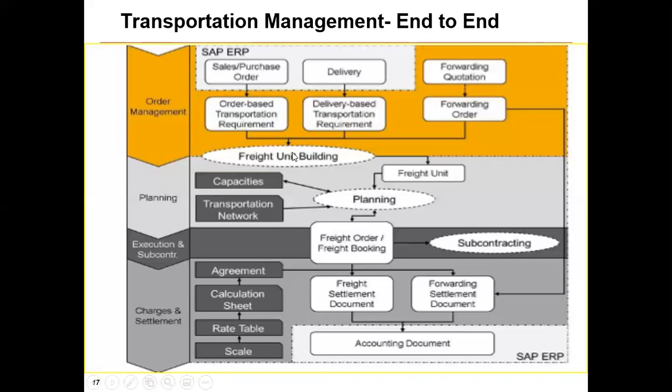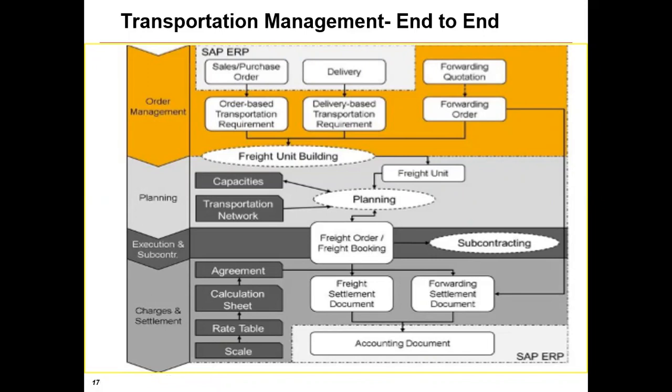And at this point, after freight unit building, creating the freight unit with this particular collection of goods in terms of unit of measure to make a freight unit, maybe a pallet, vessel or container, we go to the freight unit box, and then this freight unit is used in the transportation planning phase.